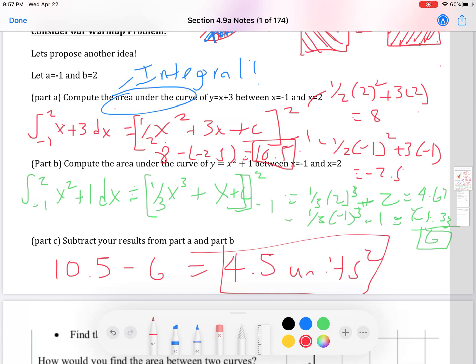We just broke this down into two area under the curve problems, and we knew how to do these individual integrals easily. We could use this to come up with not the total area, because we're not adding them, but the difference between those two areas.